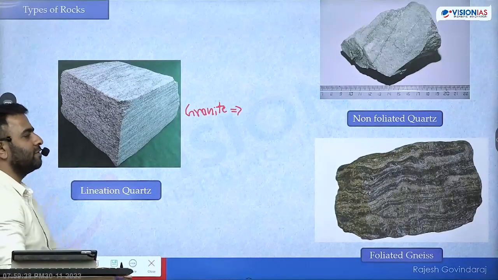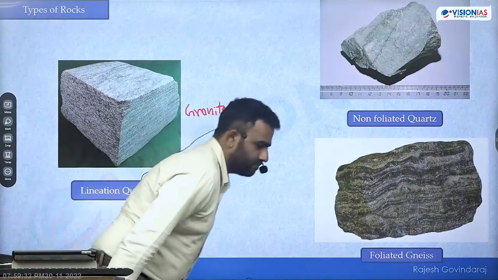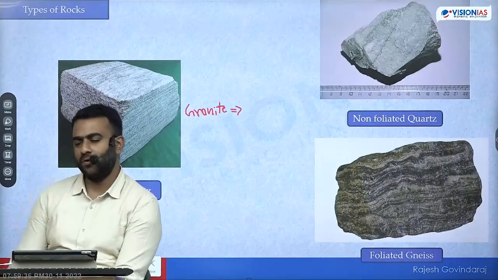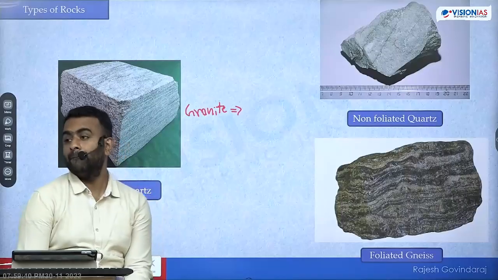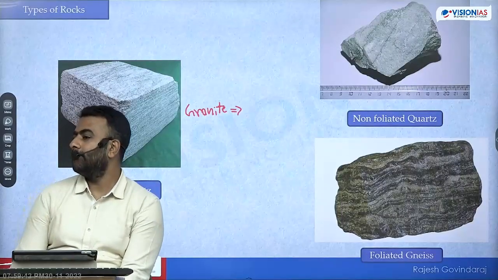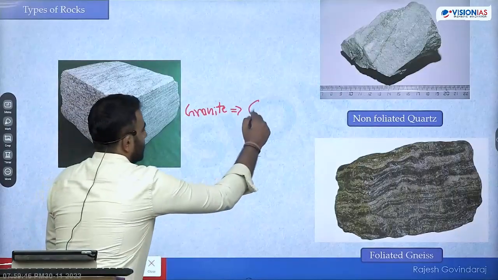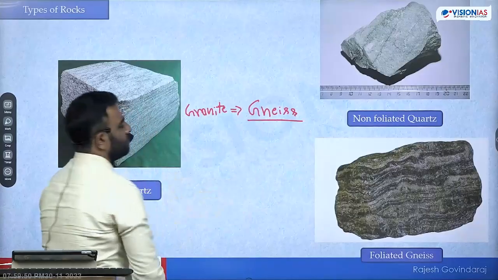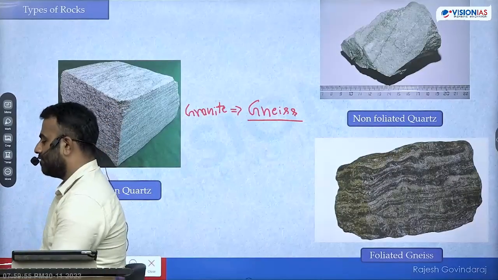So what is the metamorphic rock of granite? Metamorphic form of granite, anyone? Okay, it's called gneiss. Gneiss is the metamorphic form of granite.